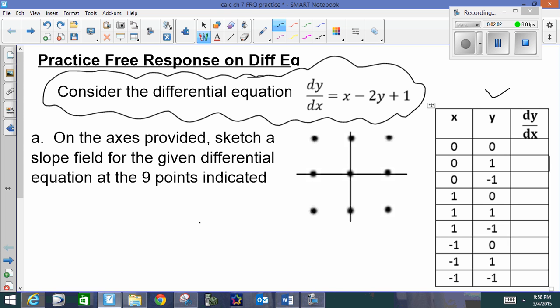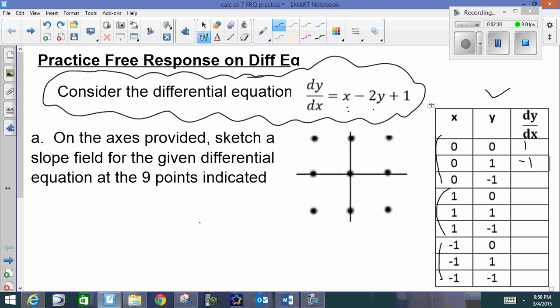I'm going to go through the zeros, x equals 0, x equals 1, x equals -1, and then I've gotten everything covered. Remember, you're going to plug in x equals 0 minus 0 plus 1, so the dy/dx is 1. x equals 0 minus 2 times 1 minus 2 plus 1 equals -1.